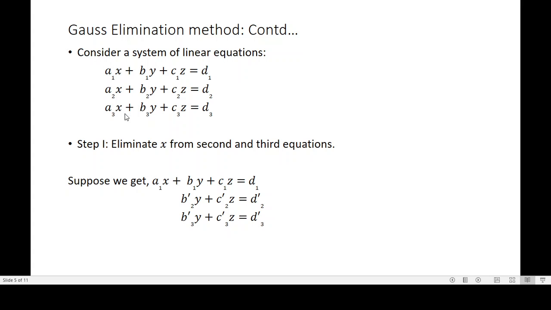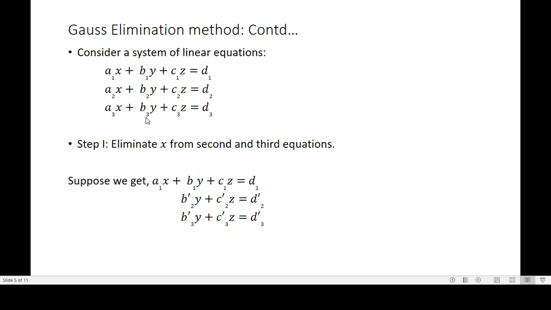So x is eliminated. Hence, we get a new system of equations: a1x + b1y + c1z = d1. X is eliminated. Therefore, b2'y + c2'z = d2'. X is eliminated here.